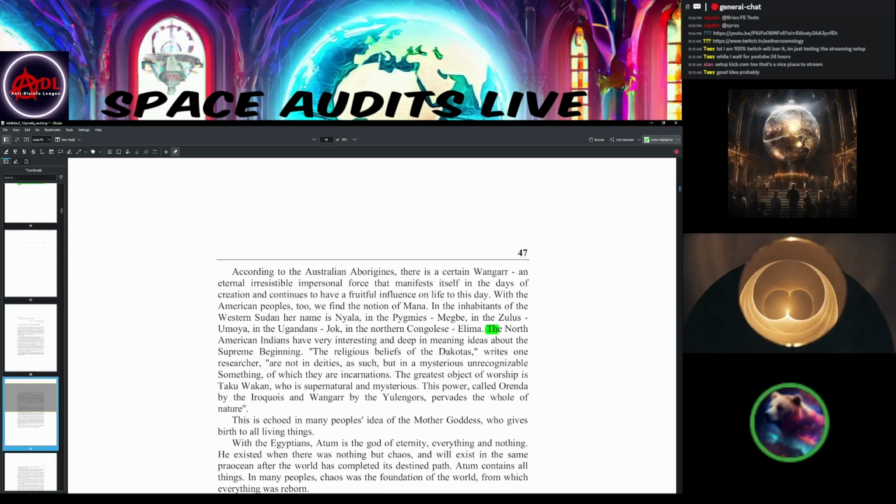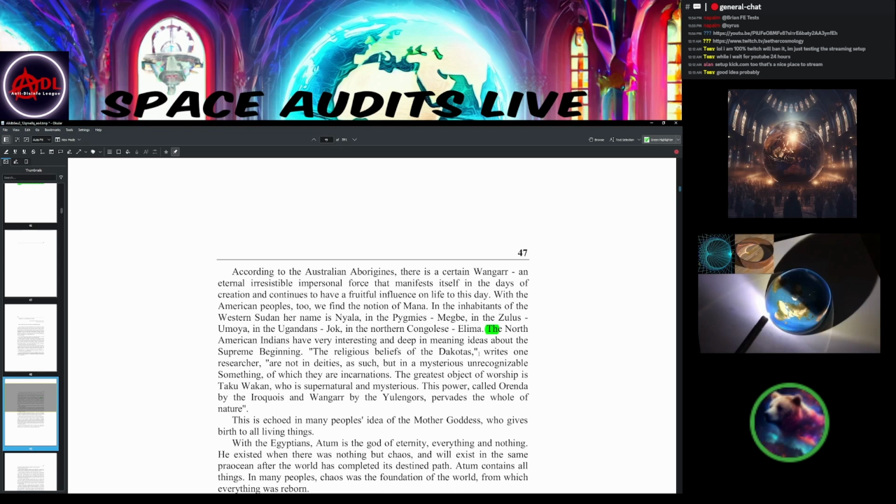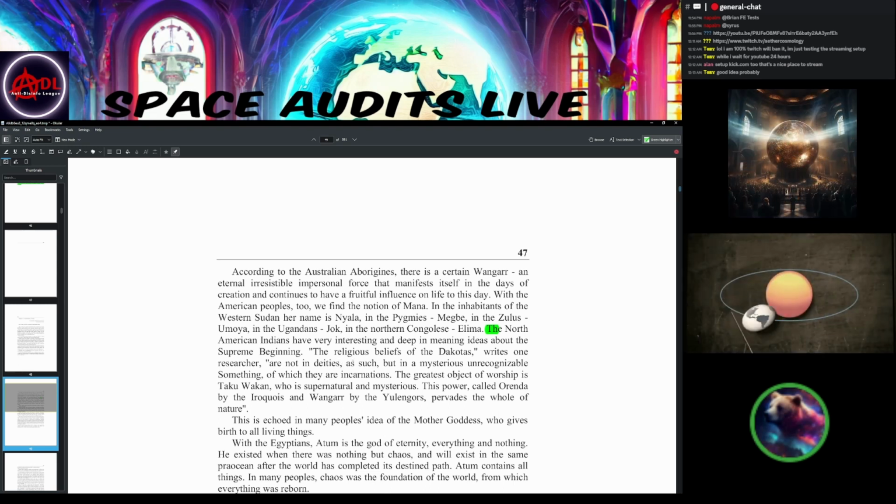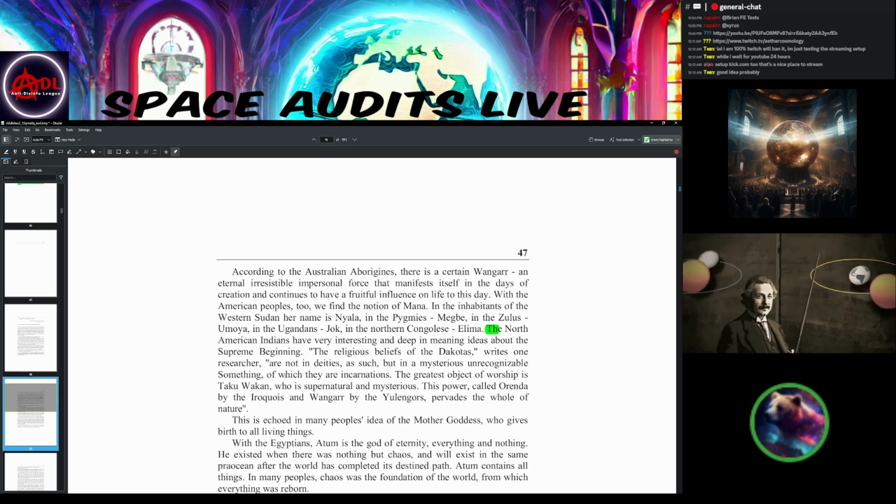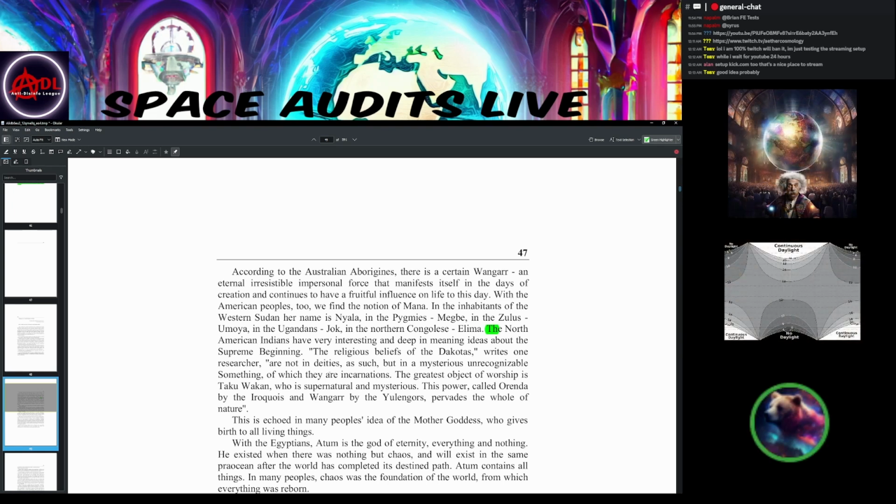The North American Indians have a very interesting and deep understanding of the idea of the supreme being. The religious beliefs of the Dakotas, writes one researcher, are not of deities as such, but of a mystery unrecognizable, of which there are incarnations, but the greatest object of worship is the Taku Wankan, whose powers are supernatural and mysterious.